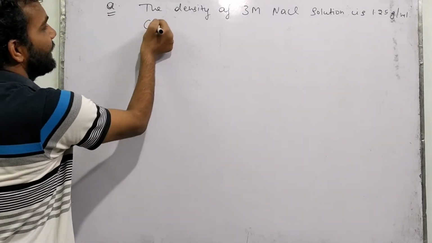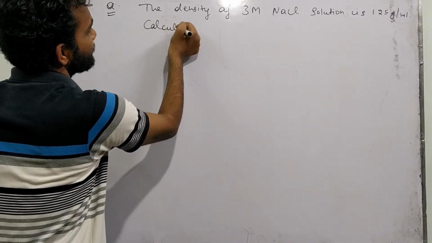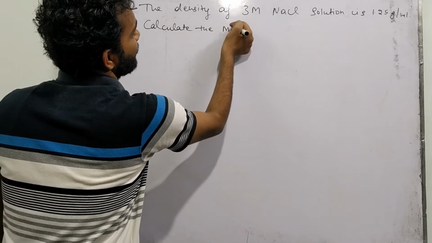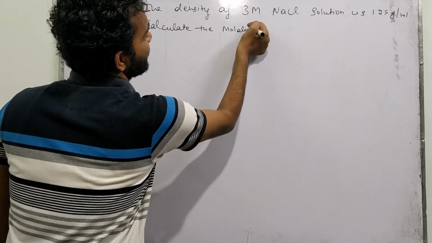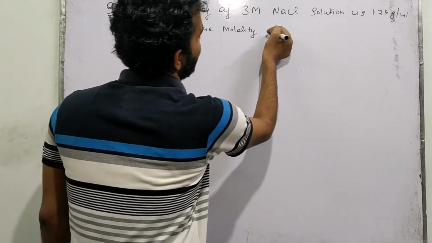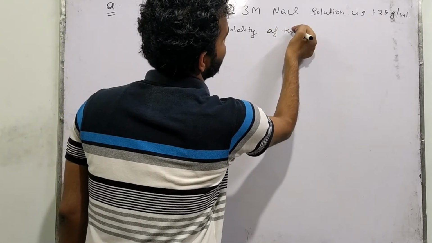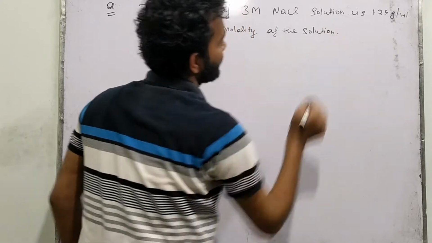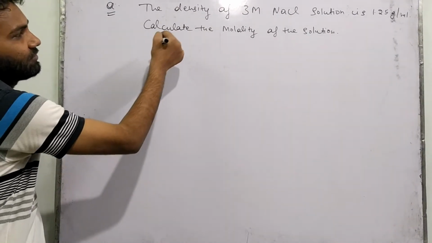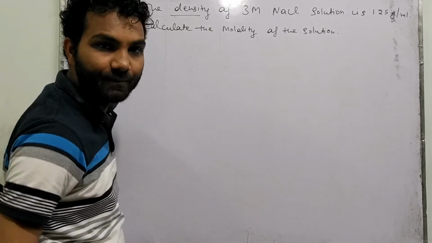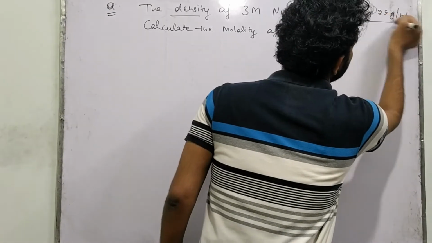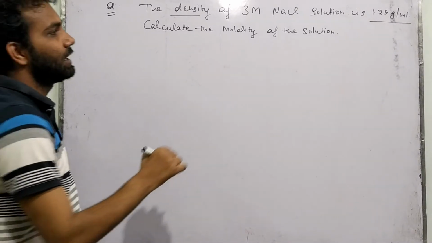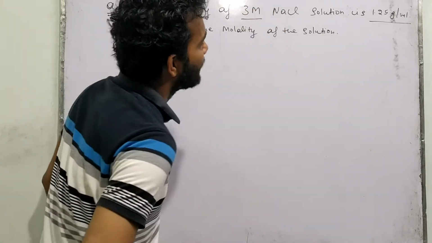Calculate the molality of the solution. Okay, now in this question you have to remember there is a density and that is present in gram per ml. Okay, and the solution is of 3 molar.